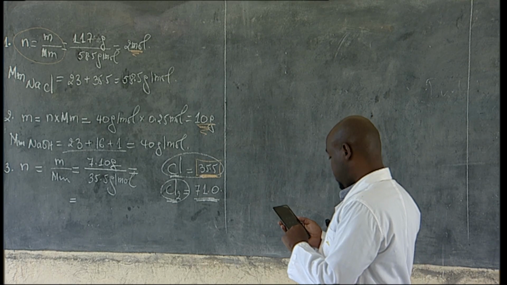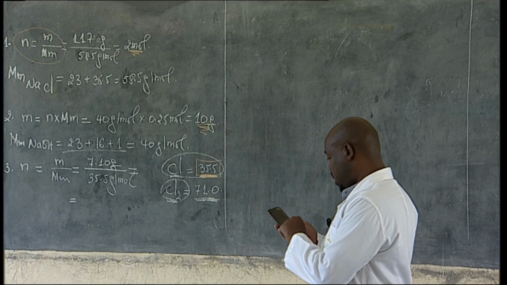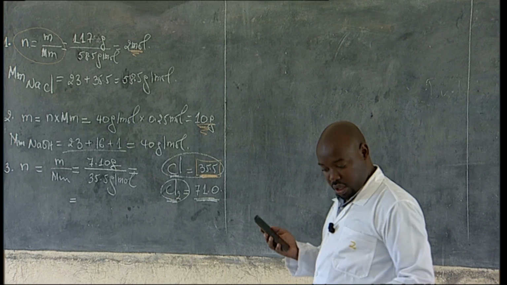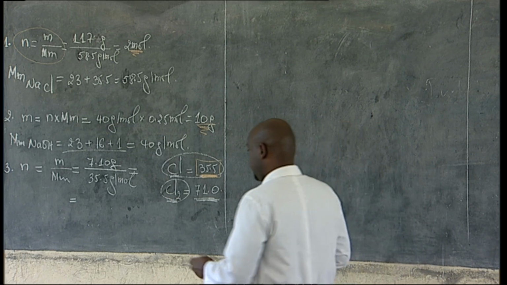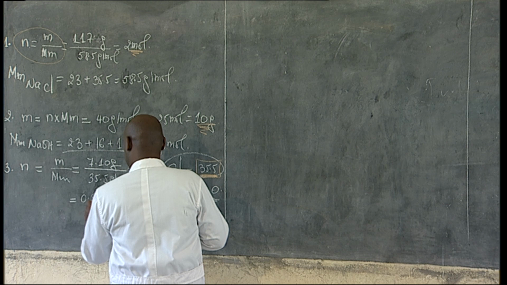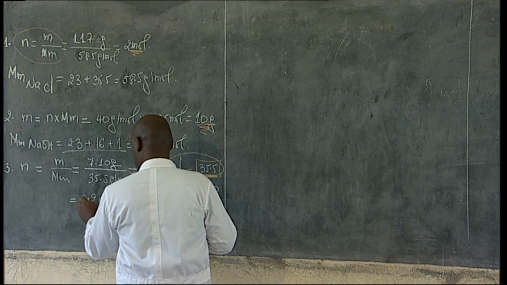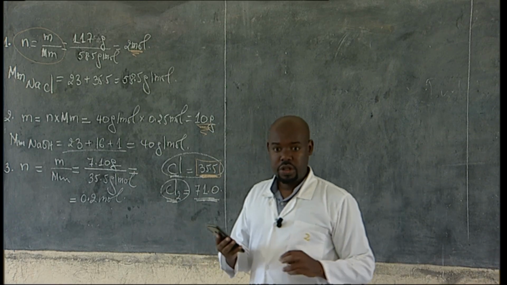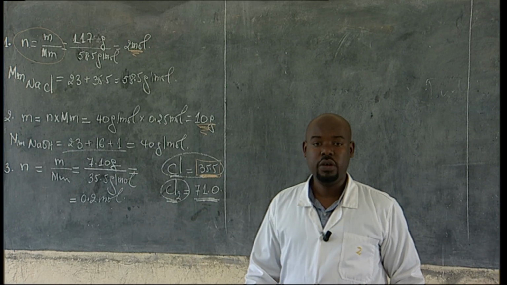So we have 7.1 over 35.5, and here we get 0.2 mole. 0.2 mole, and with 0.2 mole, we can now do what?